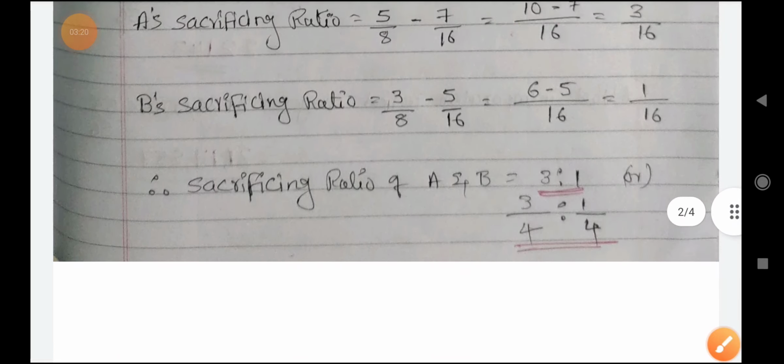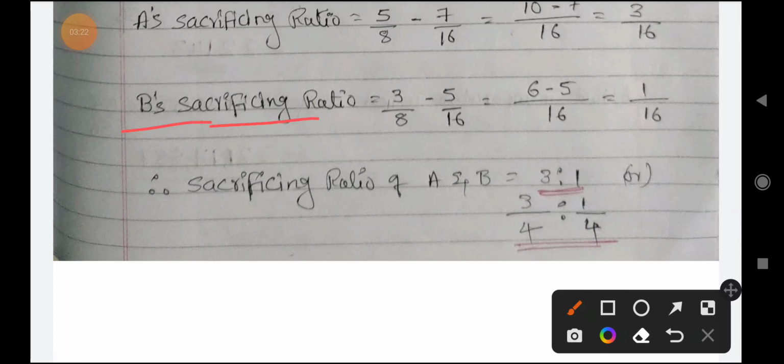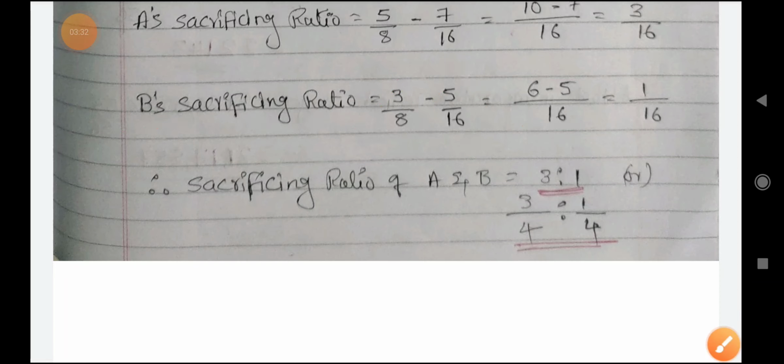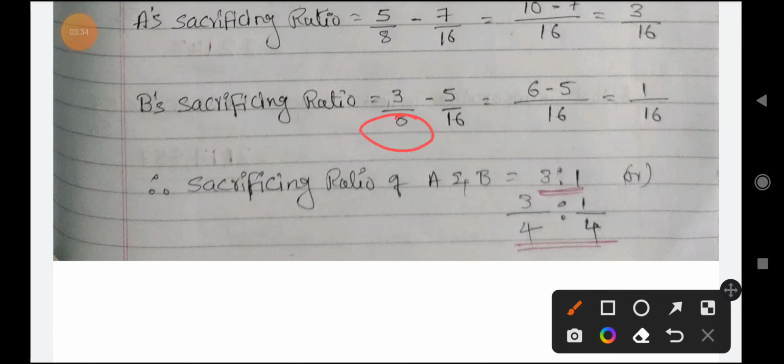Next, B's sacrificing ratio: 3/8 minus 5/16. Again the LCM will be 16. In the 8 table, 8 twos are 16, so 3 into 2 is 6. In the 16 table, 16 ones are 16, so 1 into 5 is 5.